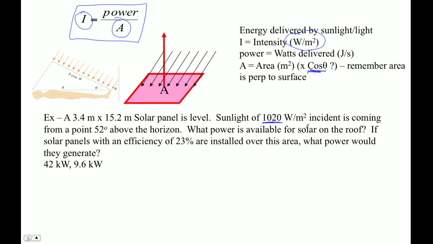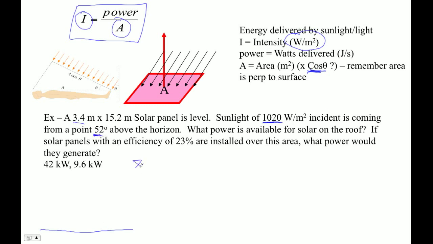So in this case, let's look at this example. The sun is shining. Here's our solar panel like that, right? The sun is making a 52 degree angle above the horizon.